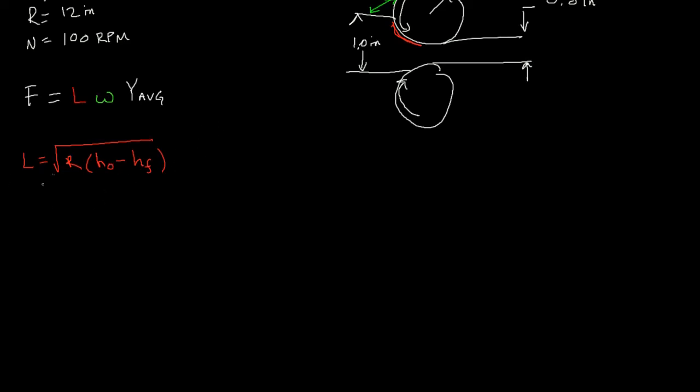We know our rolling radius, we know our beginning thickness, and we know our final thickness. So let's calculate it. This is going to be equal to the square root of 12 times (1 minus 0.8).